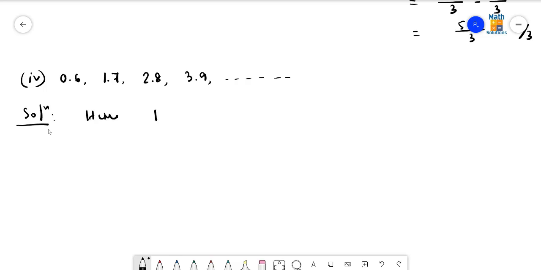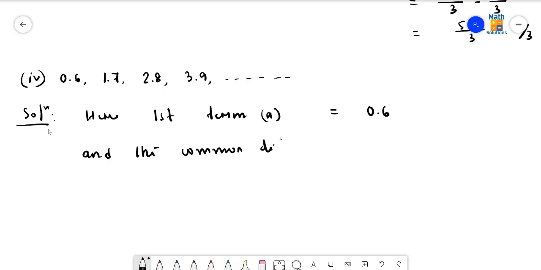Here first term A is equal to 0.6, and the common difference D will be equal to second term minus first term.